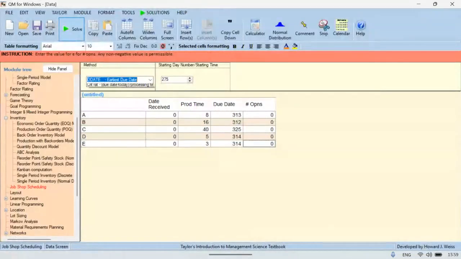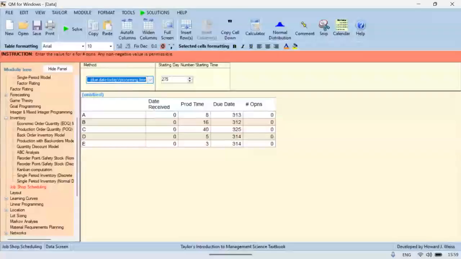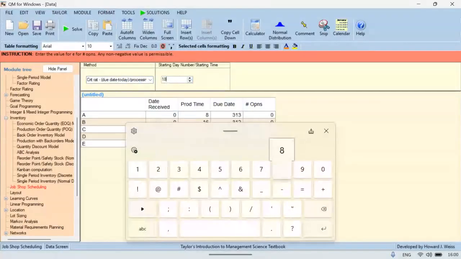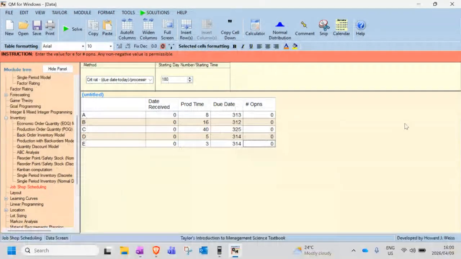Solve this with a critical fact. And then the starting date is 170, 180. And then date received is 200 here.